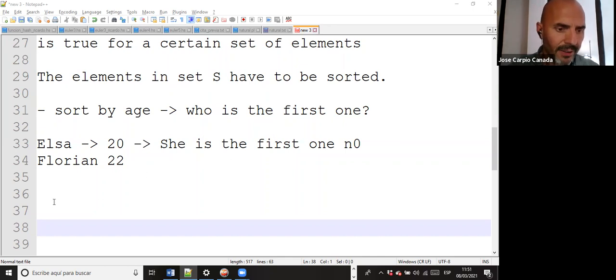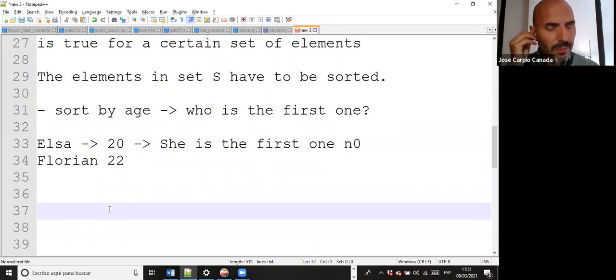Now, the induction principle says we want to demonstrate something, a concept or idea, about every element in the set. The first part is the concept.